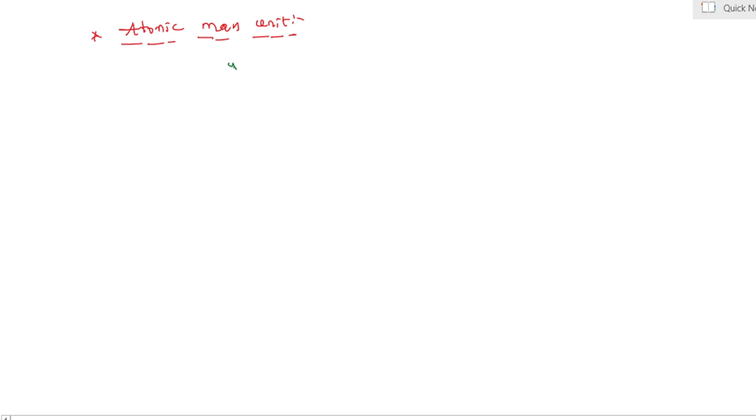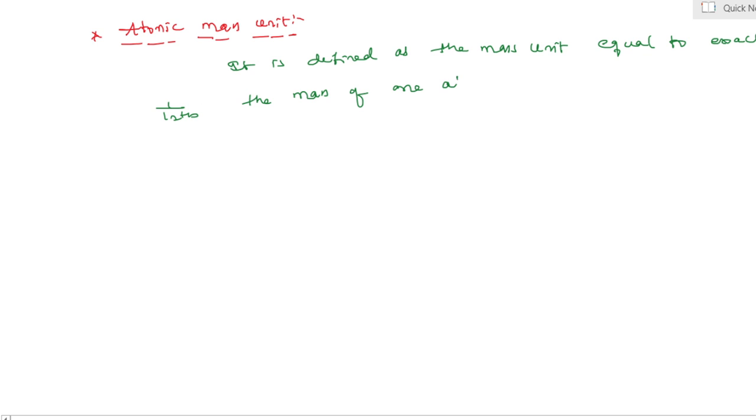Yes, my dear students, it is defined as the mass unit equal to exactly 1/12 of the mass of one atom of carbon-12 isotope.